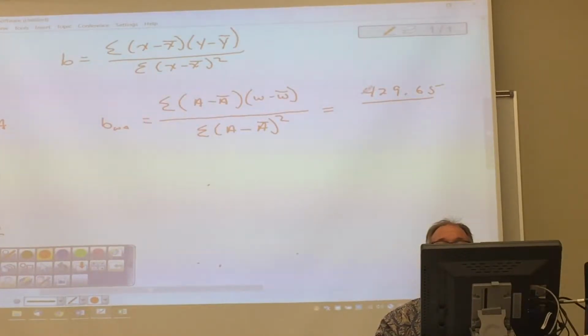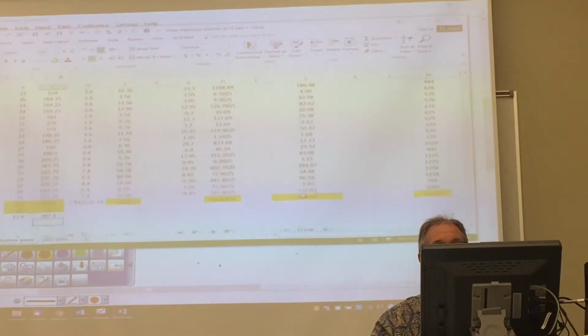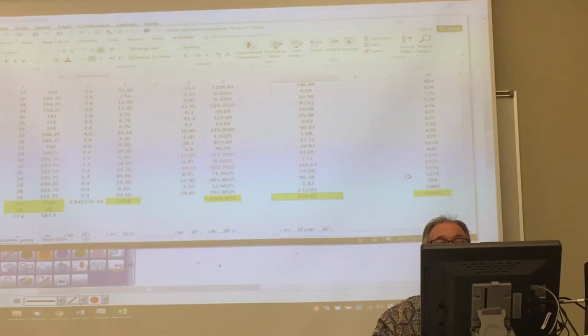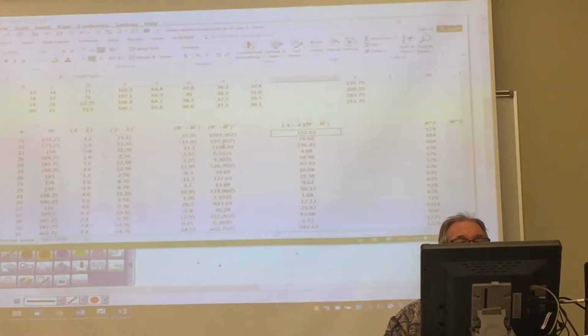Actually, it wouldn't have affected that number at all. I don't think so. The A minus A mean, that's 376.8. So let me see here. No, it'll be 429.65 because it's this column times this column. Yeah, D26.